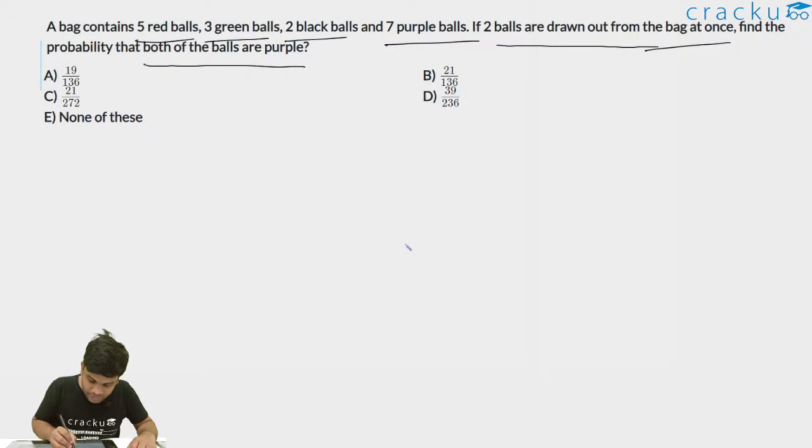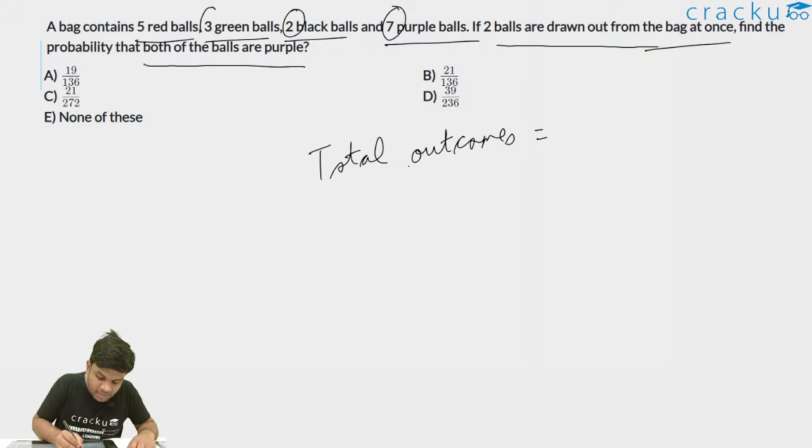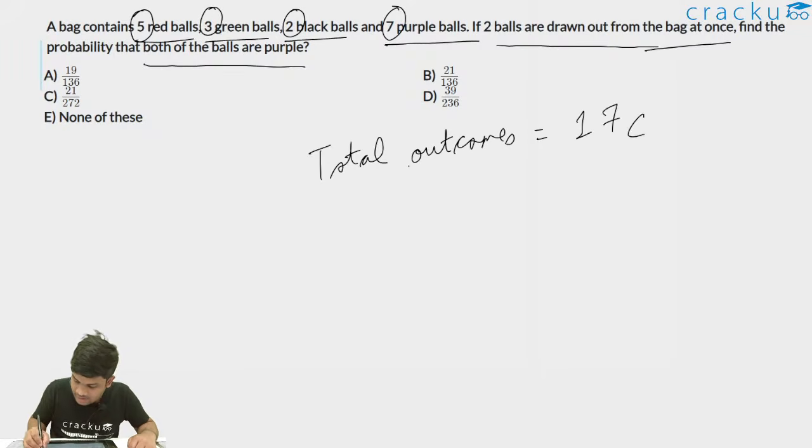So here the number of total outcomes: total number of balls are 7 plus 2, which is 9, 9 plus 3 is 12, 12 plus 5 is 17. So we are selecting any two balls from 17. So the total number of ways in which we can select two balls out of 17 is 17C2. Okay.